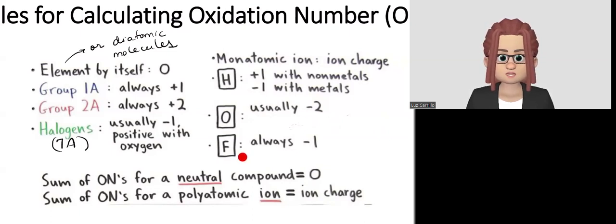Fluorine is a halogen, and as you can see, it's always -1. But that goes along with the idea that halogens are going to be -1.